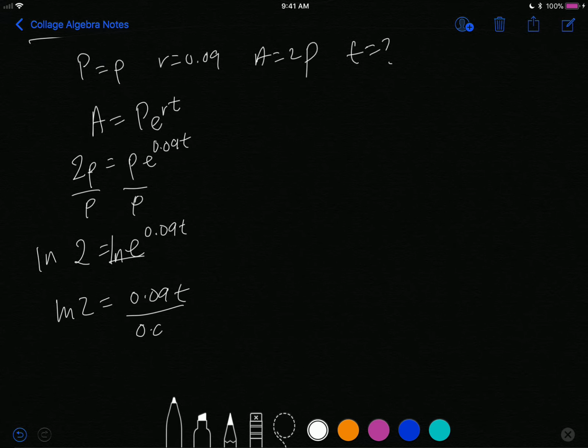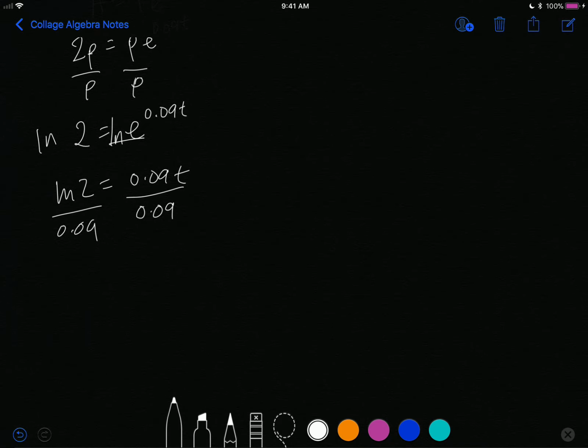So of course, all I have to divide by is 0.09. And so that tells me that the time is equal to ln of 2 divided by 0.09, which is 7.7 years. So with continuous compounding, we save 0.1 year, which is, by the way, we don't see continuous compounding in normal business transactions.